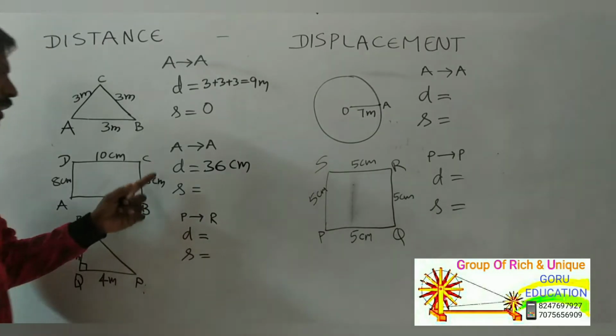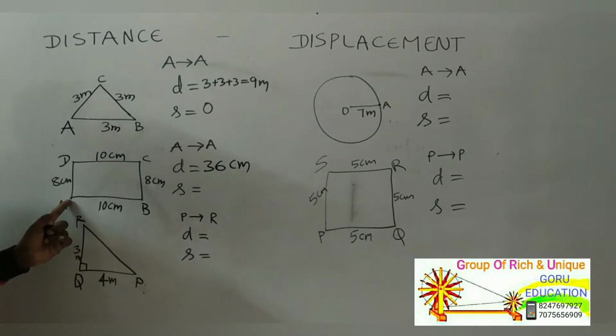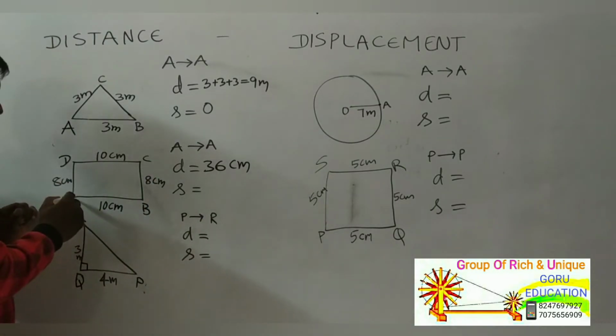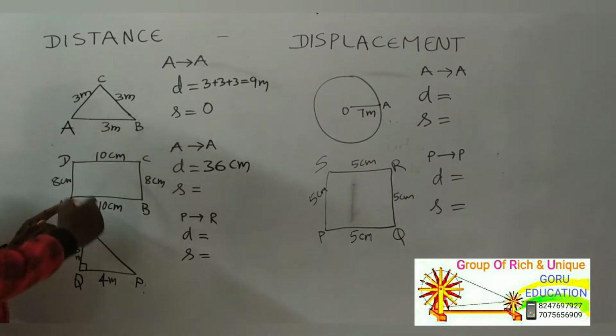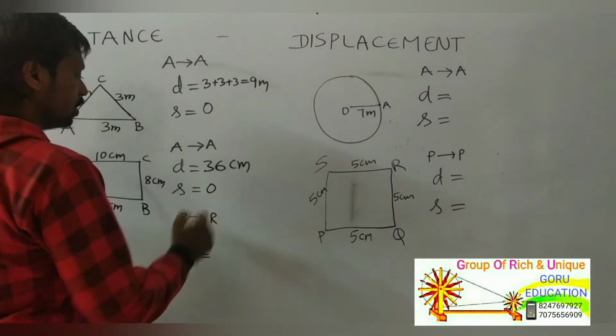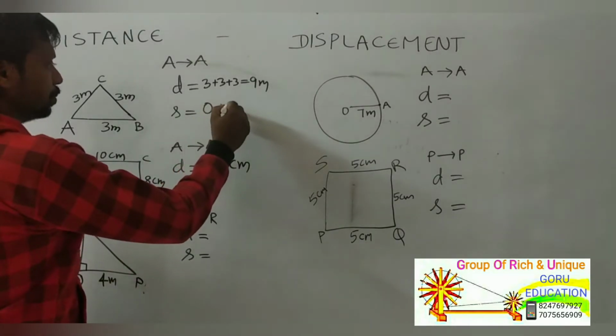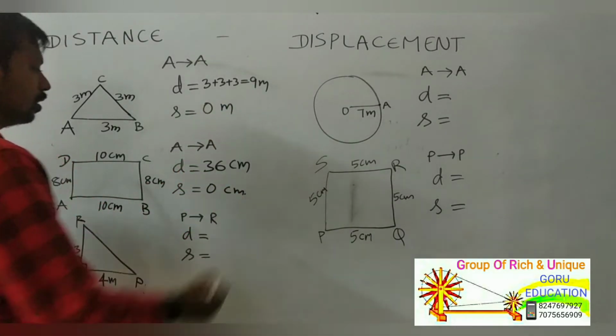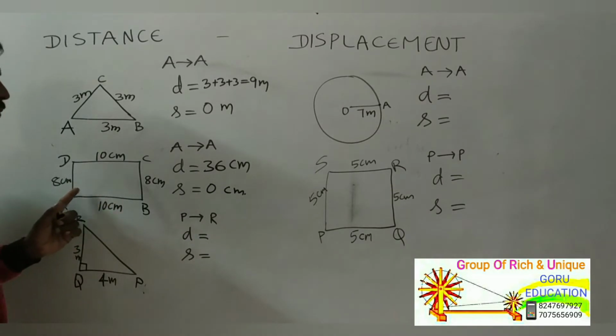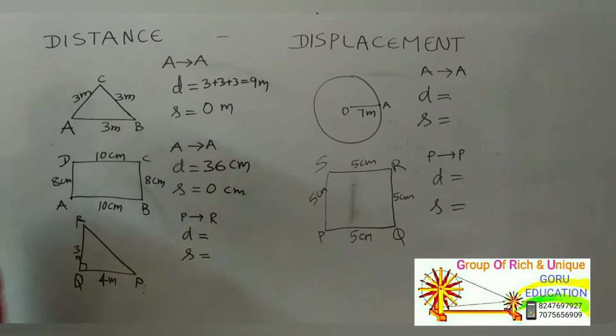Displacement A to A, initial point and final point both coincide, so it is 0 centimeters. Here also the reason is that initial and final points both coincide at A. That's why s equals 0.